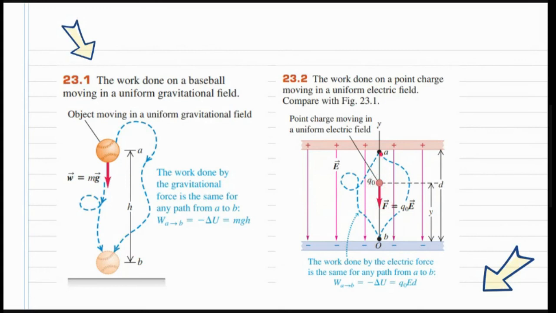Now, as you can see, the amount of force present, which is caused by the attraction of the charge, is parallel to the electric field. So if we compare these two illustrations, they follow the same concept.